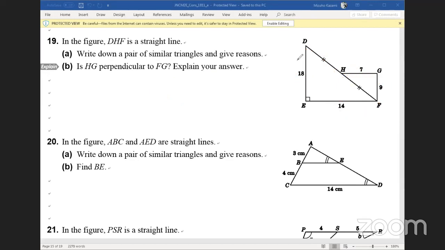Now, and then in this case, is HG perpendicular to FG? After you have found the pair of similar triangles, then we have triangle DEF similar to triangle what? FGH, right? Am I correct?